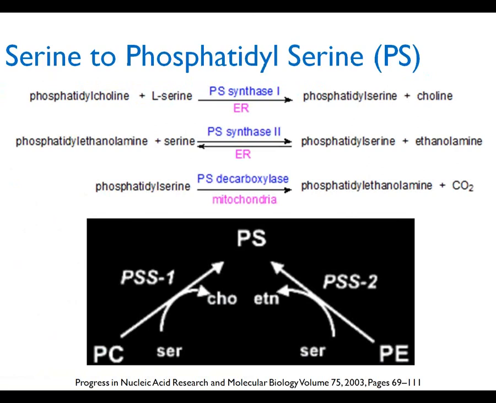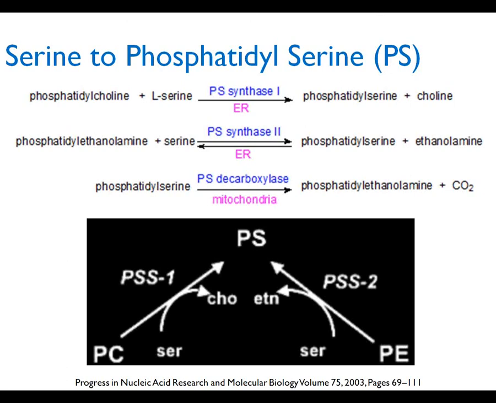Our body recognizes that, and as a result, it takes the serine, one of the markers that we see on the test, and moves that serine into the production of phosphatidylserine through the phosphatidylserine synthase enzymes. And you can see from the diagram here, you've got a 1 and a 2 on that, and that can either come from phosphatidylcholine or from phosphatidylethanolamine.